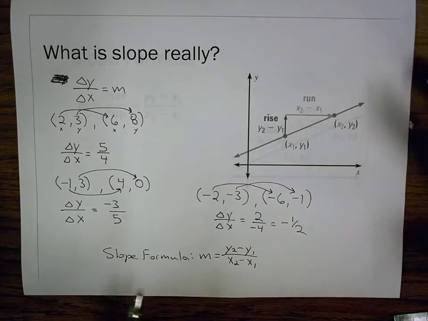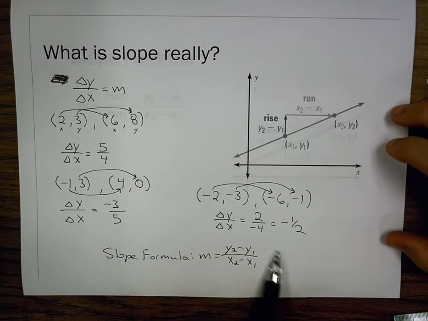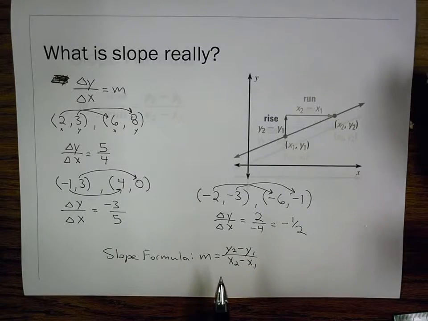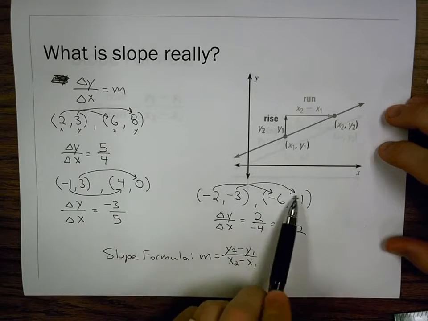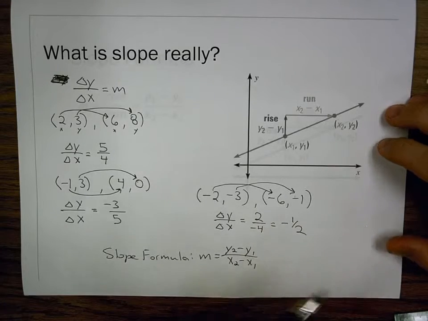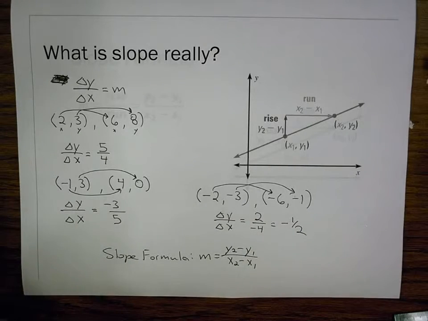You may use this, and that's fine. If you know the formula and you like the ability to plug into a formula, by all means, use the slope formula. But sometimes we overcomplicate things. If we're just looking for that change in y to the change in x, we can see what that change is as we go from our first point to our second point, and sometimes it clears things up. If I did the slope formula for any of these, I'd get the same answer.